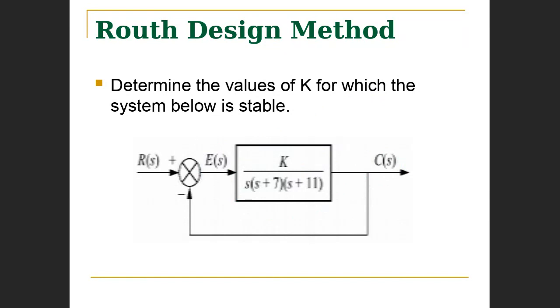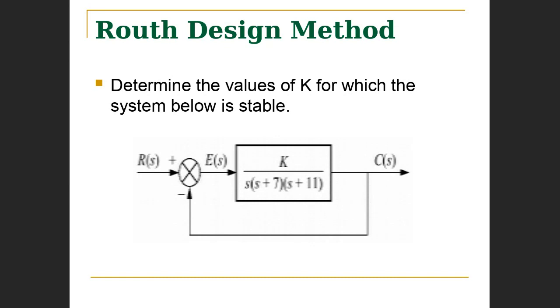Now, having said that, we want to apply the root table, sorry, the root design criteria, the Routh-Hurwitz method, or the root table analysis, to design a system. Determine the value of k for which the system is stable. As a designer, whatever the system is, if it's a suspension system, a drone or whatever, we don't care right now.